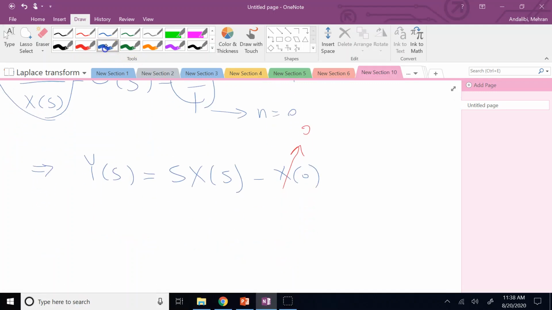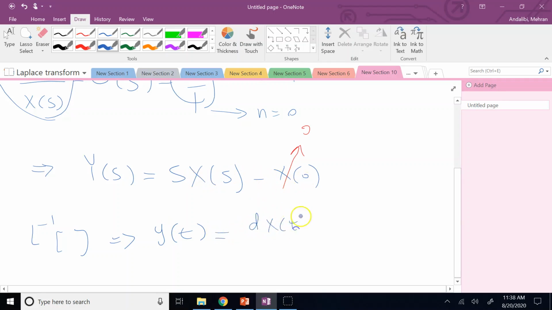So now if I take inverse Laplace from both sides, the inverse of Y of s is going to be y of t, and the inverse of this is basically d of x of t over dt, or x dot of t, basically. So as I said, the output is the time derivative of input.